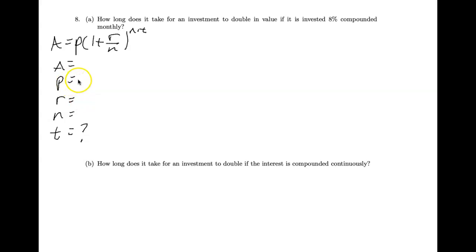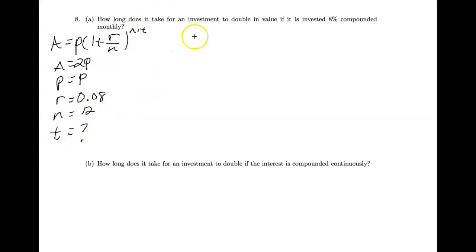We also don't know what A is, but we know A is based off of P. So I'm going to call P just P. For instance, if it is that 100, then the amount would be double that, so we're just going to say it's 2P. r is 8%, so let's write that as a decimal, and n is 12 because it's compounded monthly.